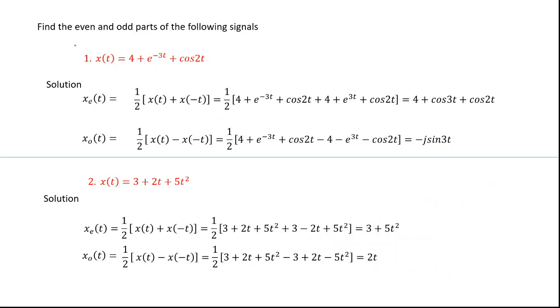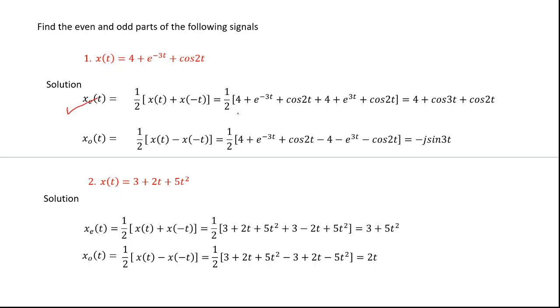So, let us see an example. Let us find the even and odd part of the signal x(t) equal to 4 plus e to the power minus 3t and cos of 2t.